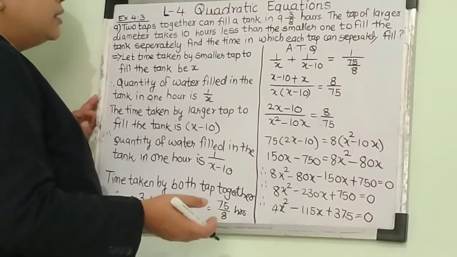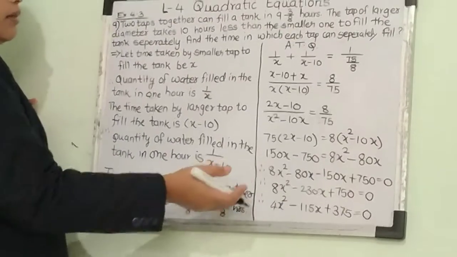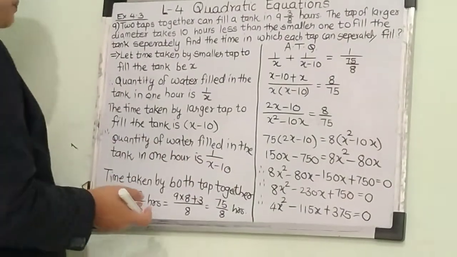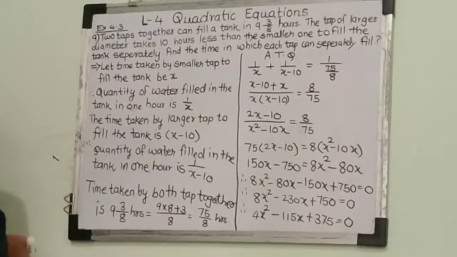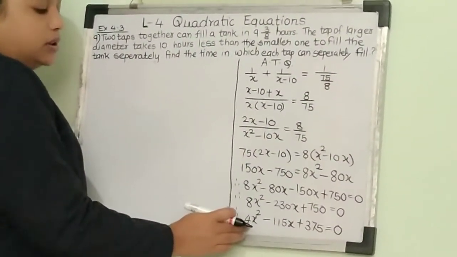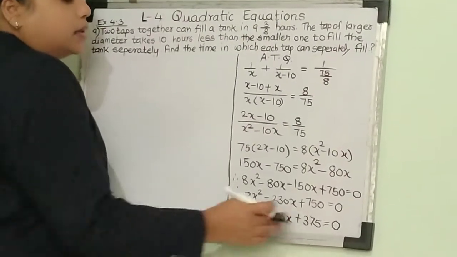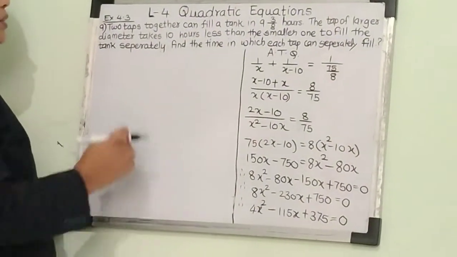So we can consider the factorization method to solve this quadratic equation. Here we have the equation 4x square minus 115x plus 375 equals 0.